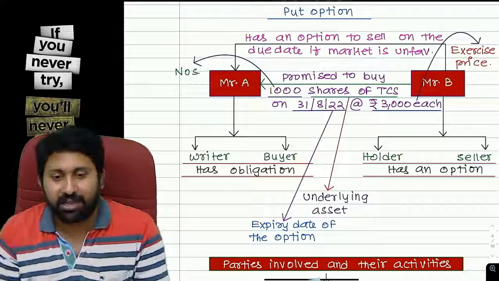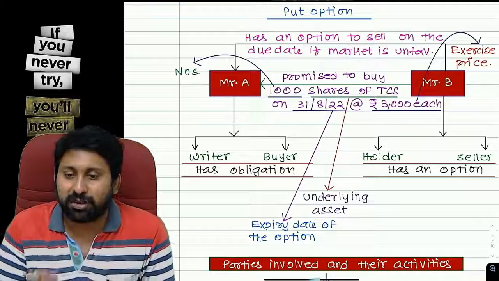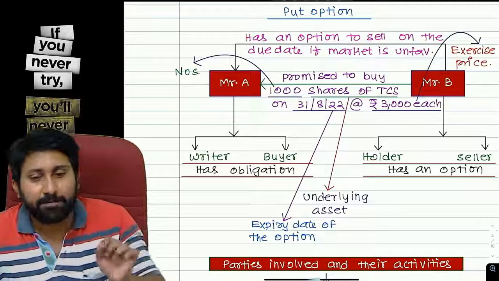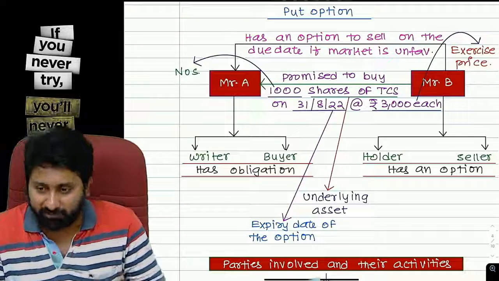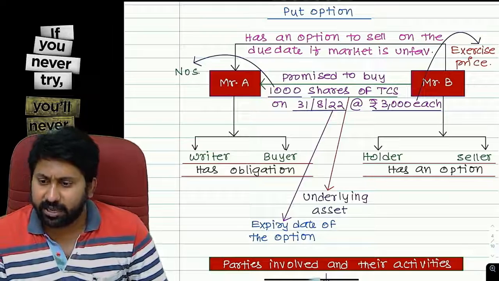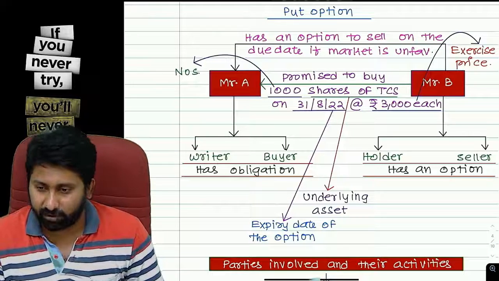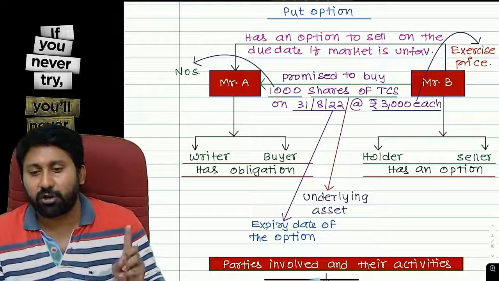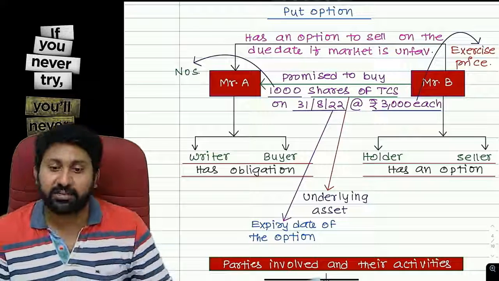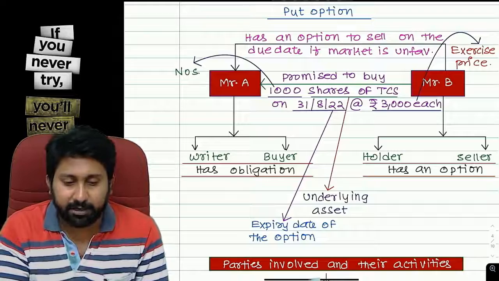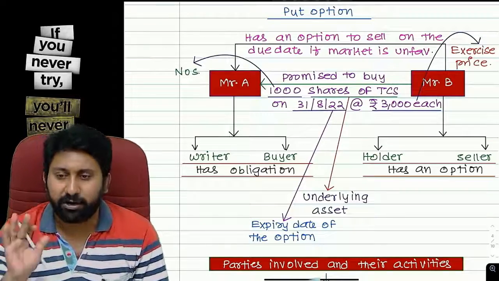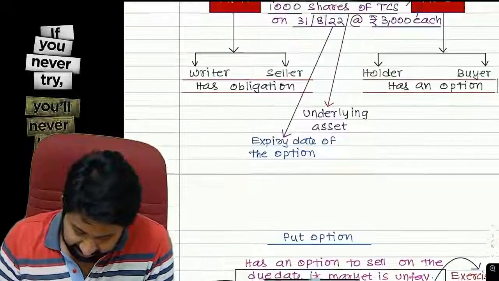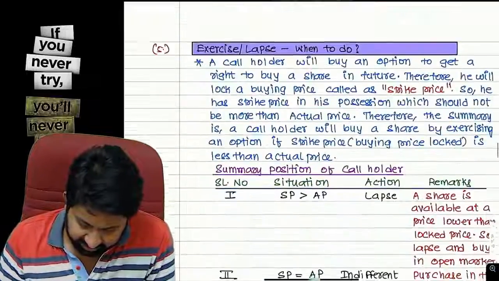Doubts will come because, just like bid and ask quotations are very important in Forex, the same importance applies to the concept of parties involved in their activities. Which party will do what is the point we need to understand.